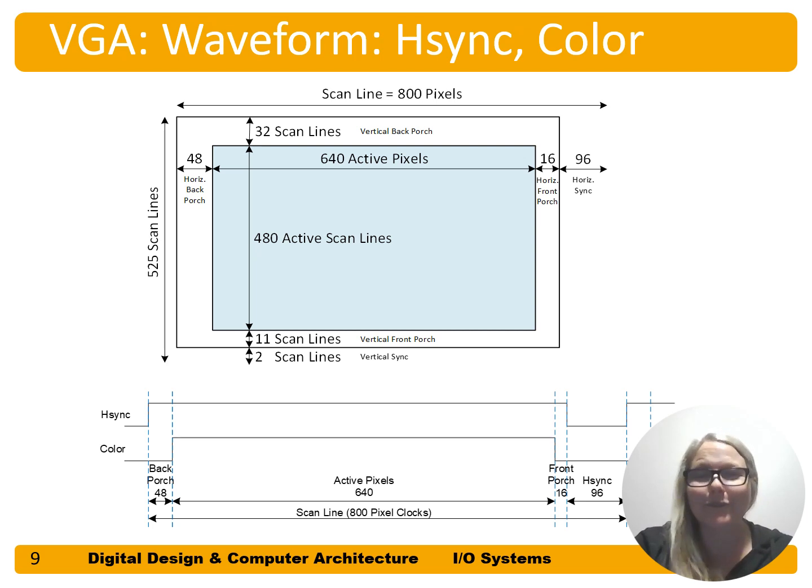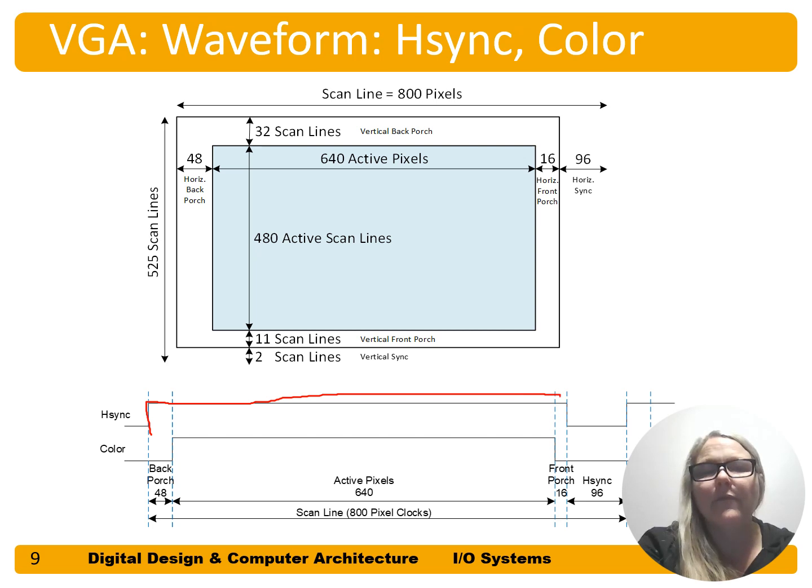So you can mostly ignore this slide, but it shows the timing of displaying a screen. And for this one, it just displays a single line. So horizontal sync is going to be high during the front porch, active, and back porch time.